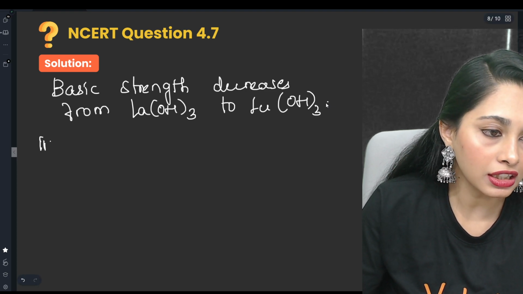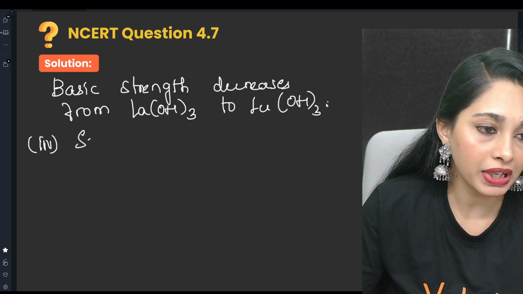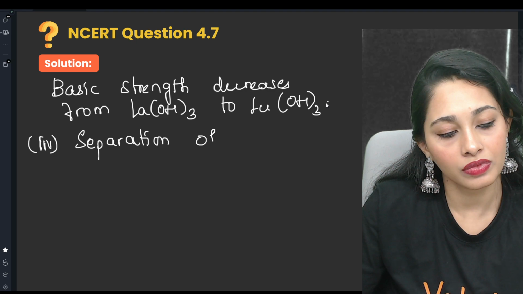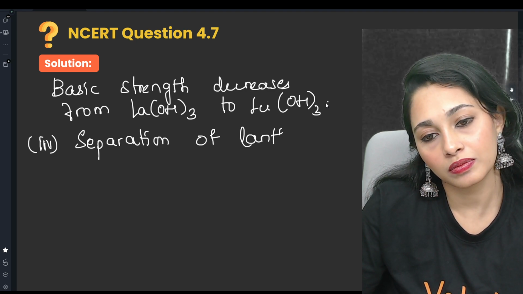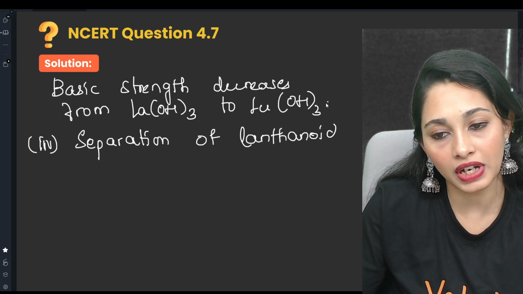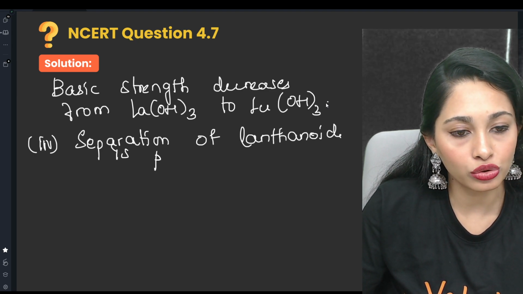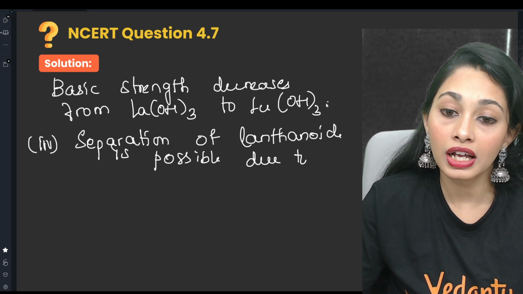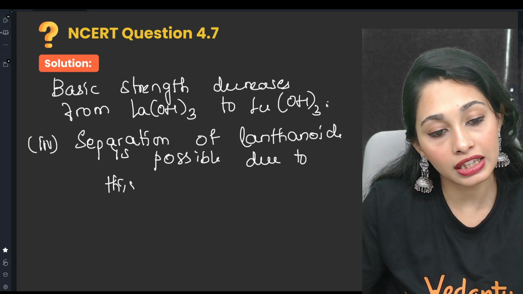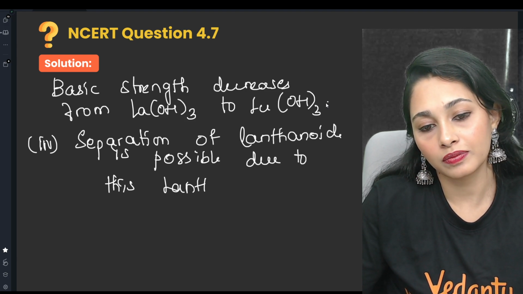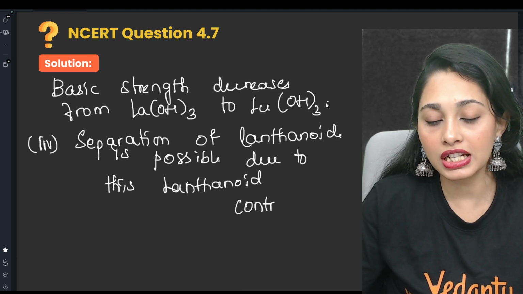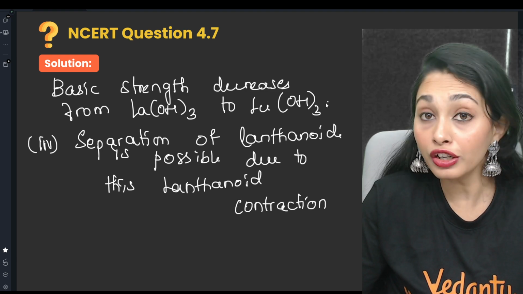Okay. And the third consequence is separation of lanthanoids. Separation of lanthanoids is possible due to this lanthanoid contraction. So these are the consequences of lanthanoid contraction.